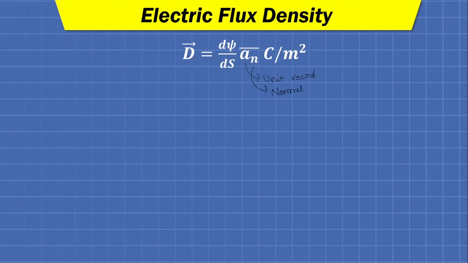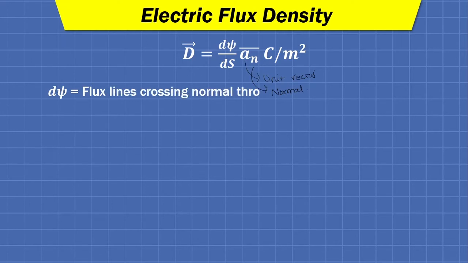So the direction of flux density will always be normal to the differential surface that we have imagined. Here the unit of flux is coulomb and the unit of area is meter square, so the unit of flux density will be coulomb per meter square.